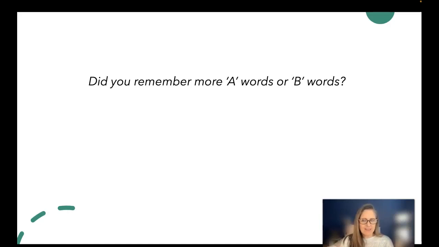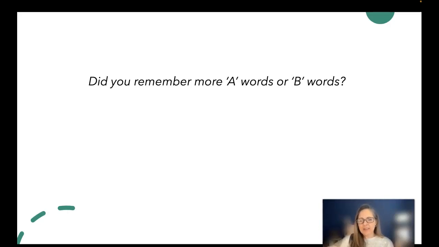So you can, again, pause the video, take a minute and think about that. That's often the way it works. People typically remember more B words than A words. We will have some people that remember more A words, but for the most part, people tend to remember more B words than A words. So you can think about why that might be the case.